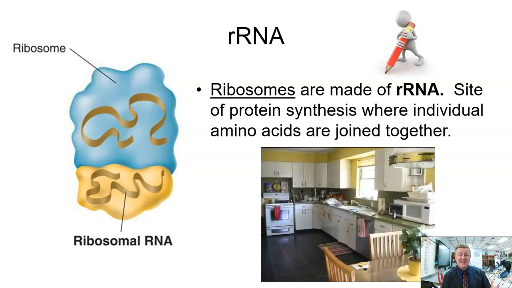So think of this as like the kitchen. Once you've gotten your recipe, once you've gotten your information, now you got to go to the spot where you can build the stuff you're making. You got to go to the spot where you can make the cookies. And so that's a location. It's the spot in the cell where you're going to build the protein. It's the kitchen at home.